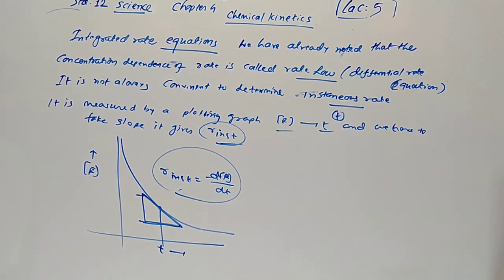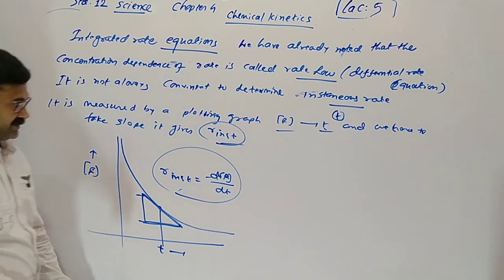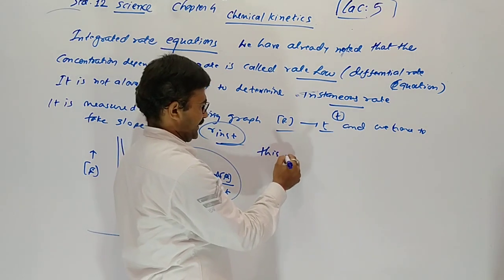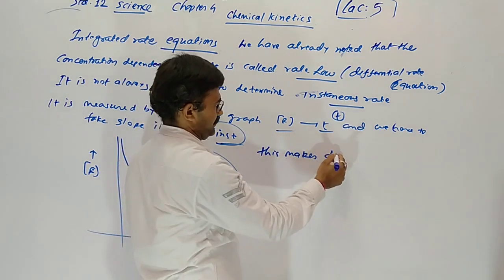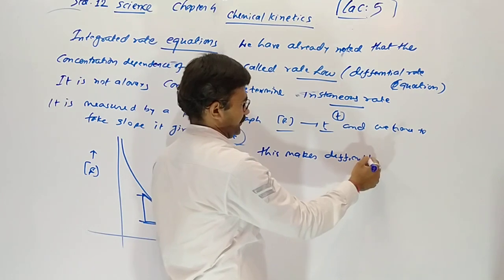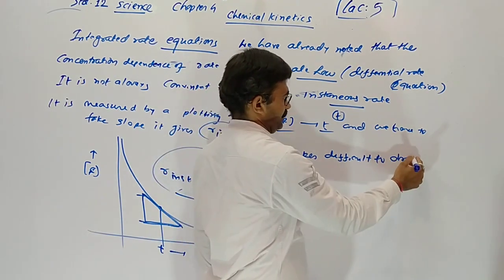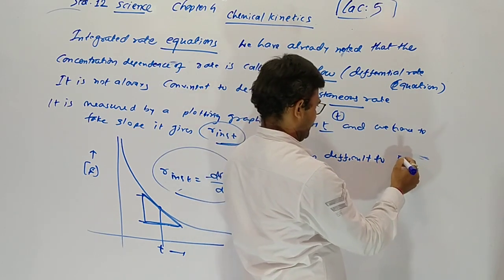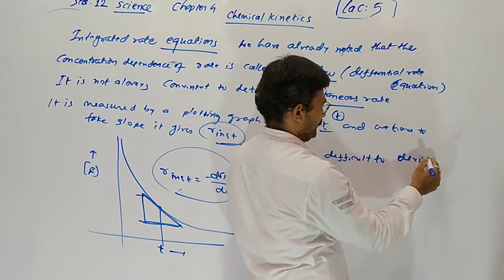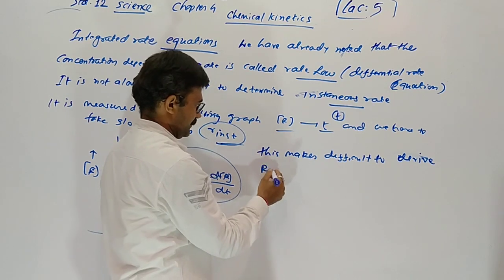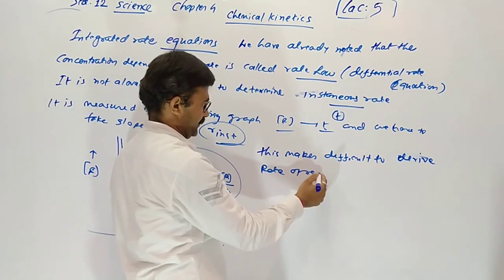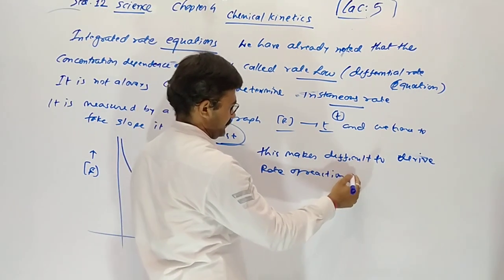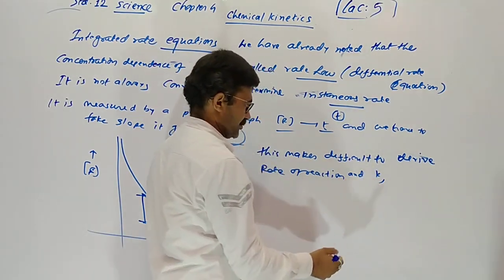We have to draw a graph. This makes it difficult to determine the rate law, difficult to derive the rate of reaction, rate constant.